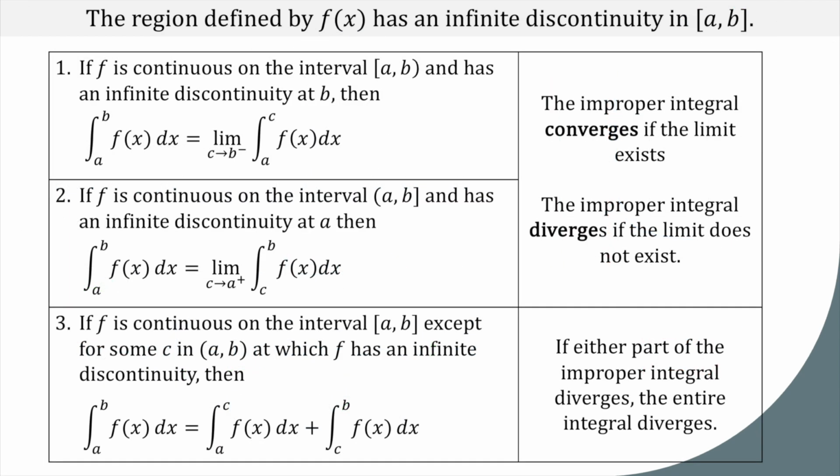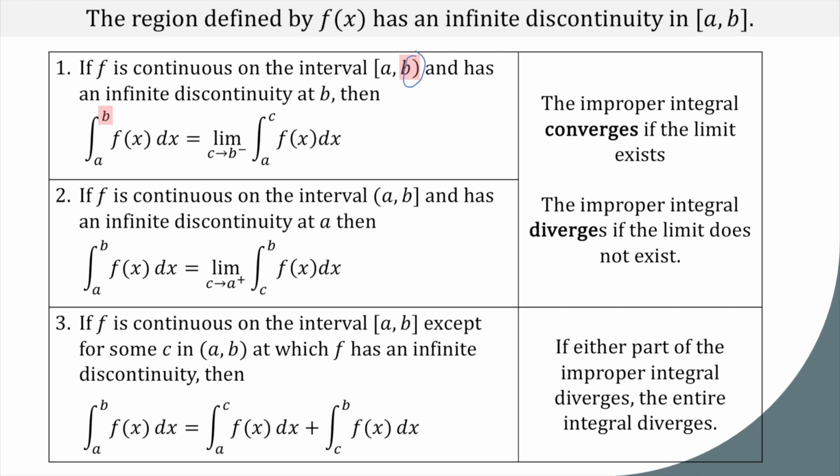So again, let's generalize or formalize this. If we have a continuous function on the interval [a, b), notice this is an open bracket, and we have a discontinuity at b, then we can't use b as one of our bounds because there's a discontinuity there.